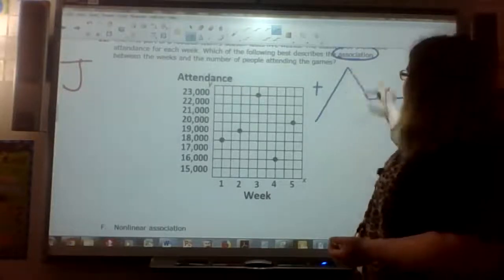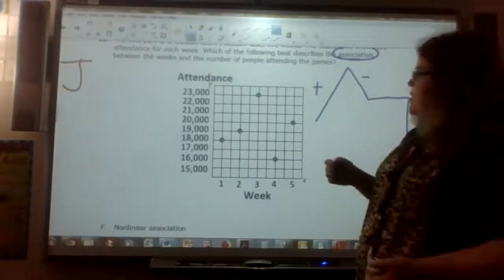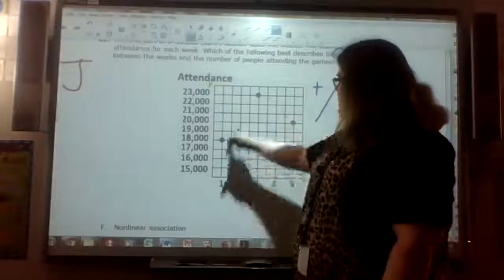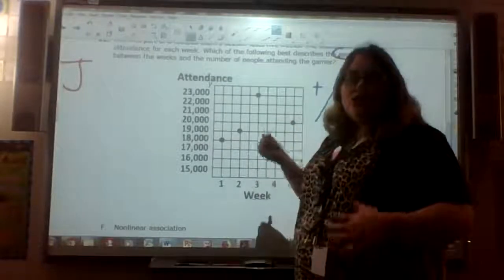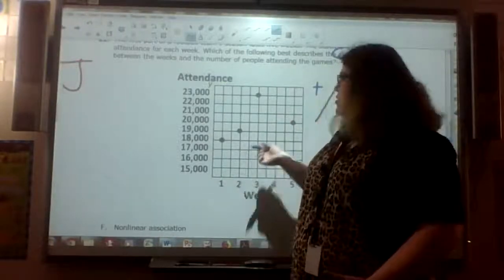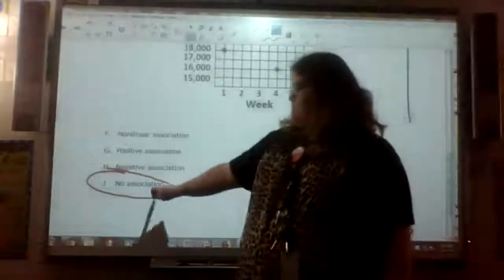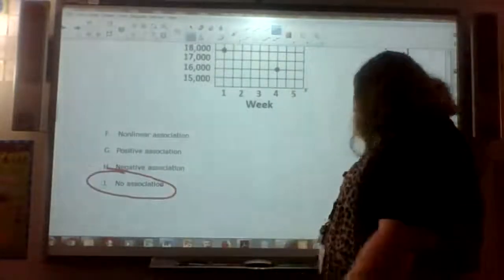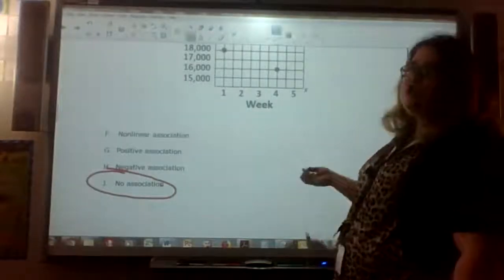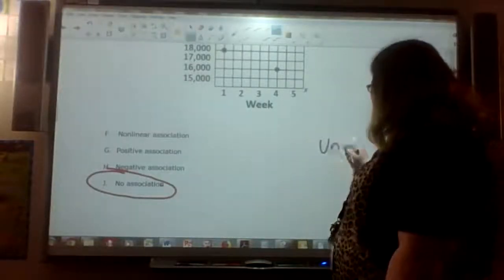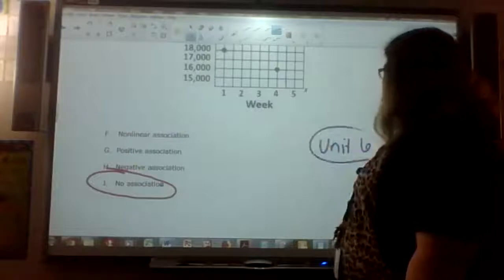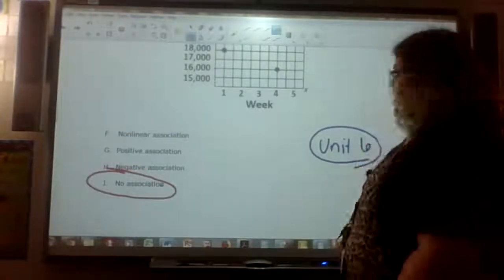If it's going down, it's a negative. So when I'm looking, these points have like nothing in common. So that means there is no association, which is J. No association. Okay. And this question came from Unit 6. So if you want to go back into your notes from Unit 6, that will help you in that problem.